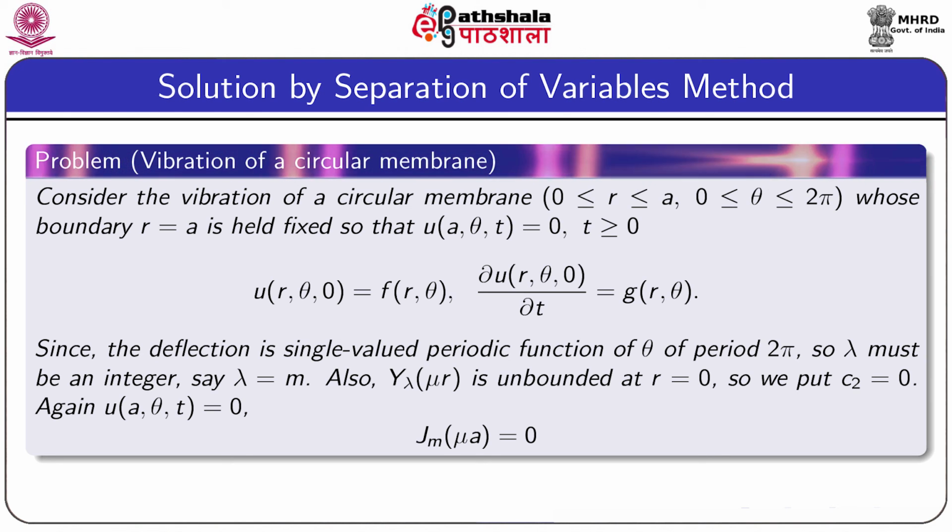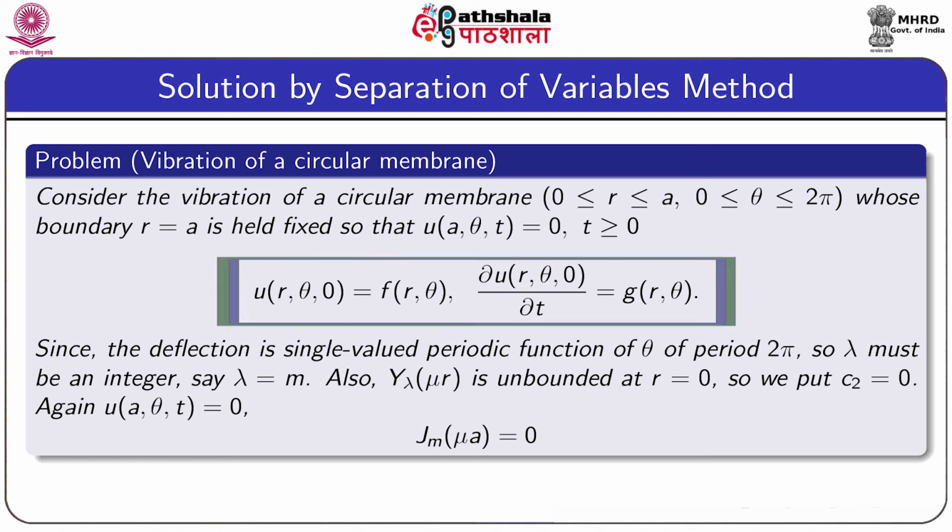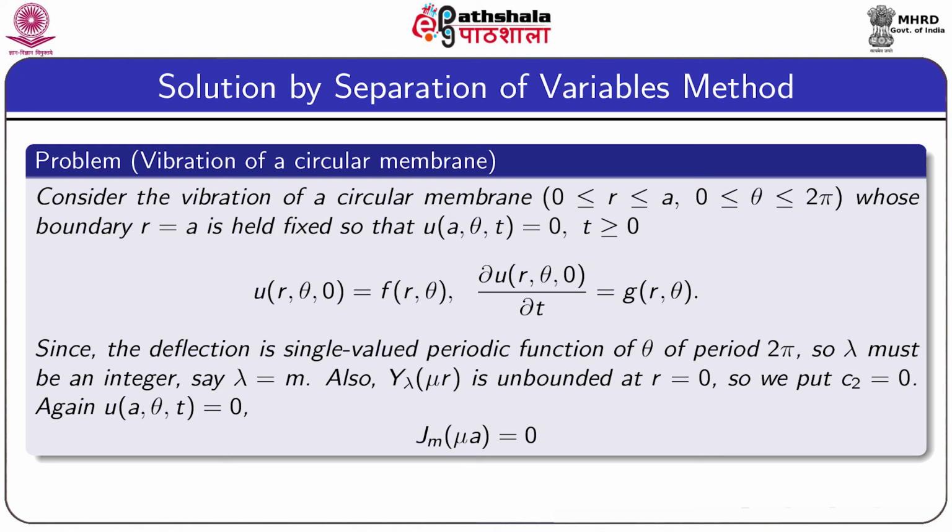So, u at r equals a is equal to 0 for t greater than or equal to 0, and it is also given that initially the value of u is given by the function f, and the velocity del u del t at time t equals 0 is given by the function g.